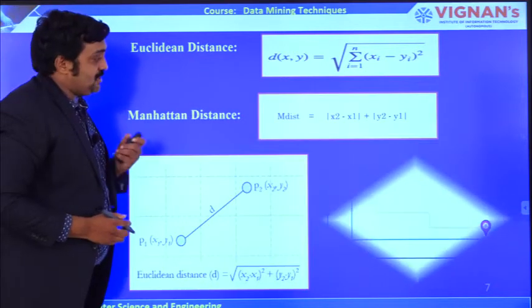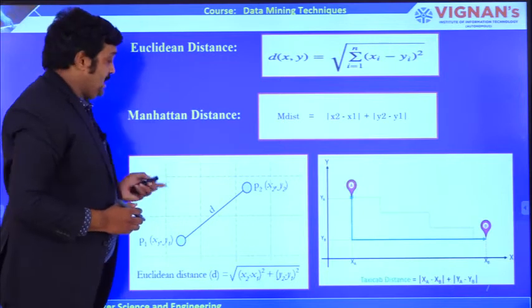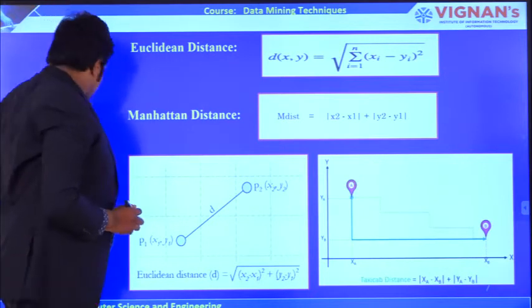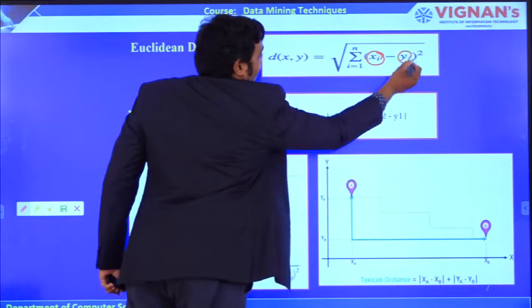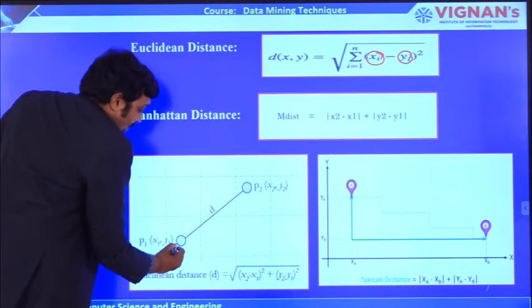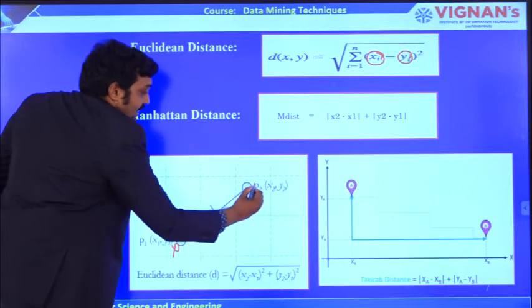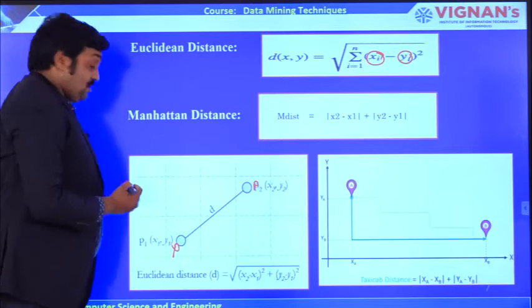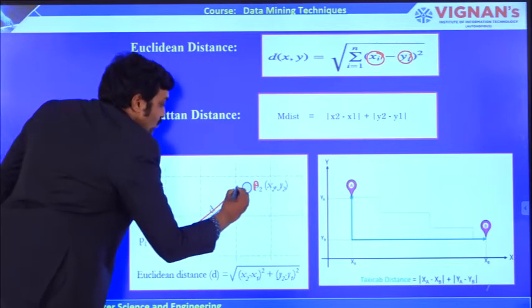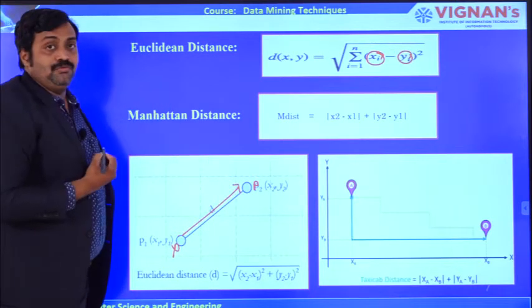See how we measure the similarity between two objects. I have a point P1 and a point P2, with some coordinates. How near is P1 to P2?